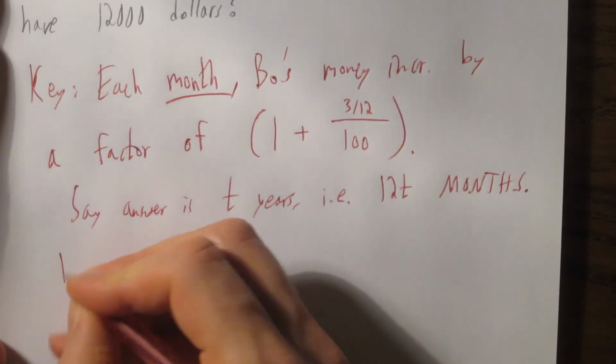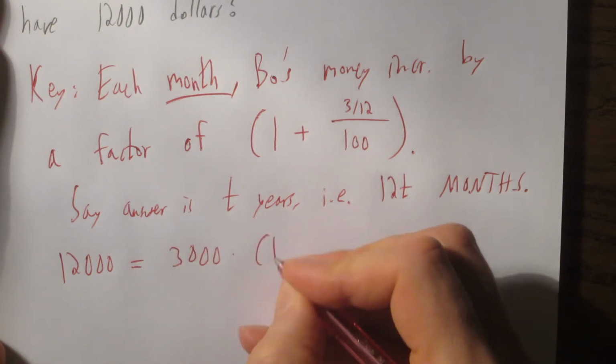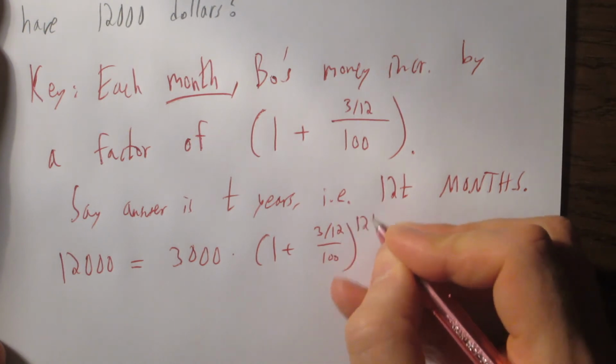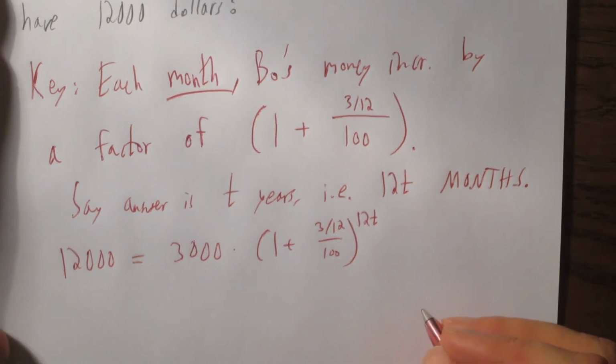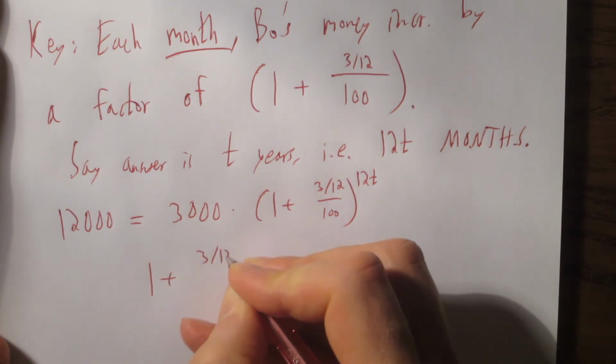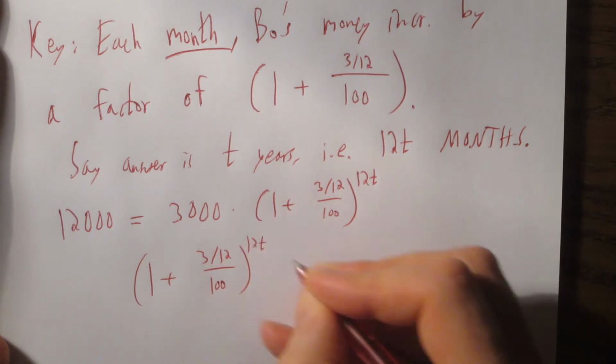So the equation is that 12,000 should be the starting amount, 3,000, times this factor by which money grows each month, to the power of the number of months the money must sit in the bank. So you get 1 plus 3/12 over 100, all to the power of 12t, should be 4.